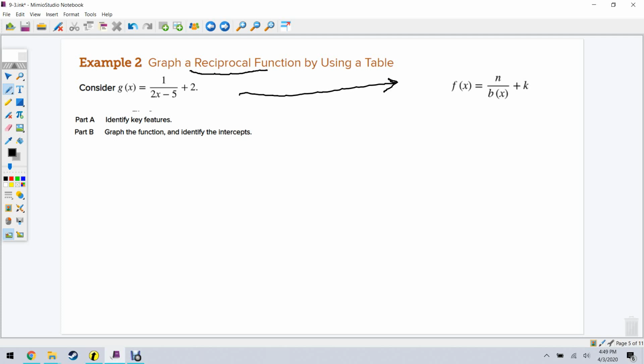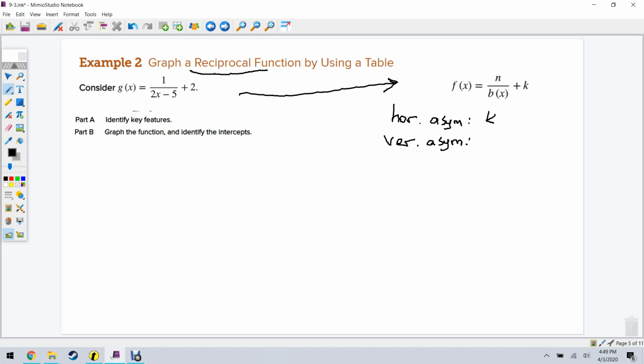So here's the deal. If we want to graph a rational function, a reciprocal function, we are going to look at two things: the horizontal asymptote and the vertical asymptote. This is important, guys. This is how we can find the horizontal asymptote. That's very easy. That's the k.